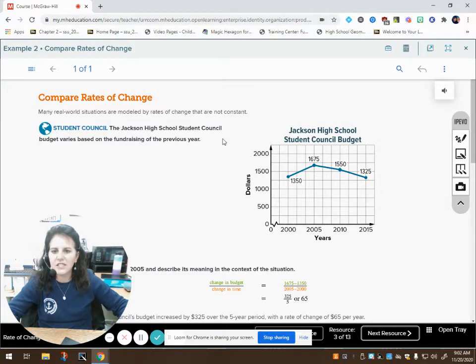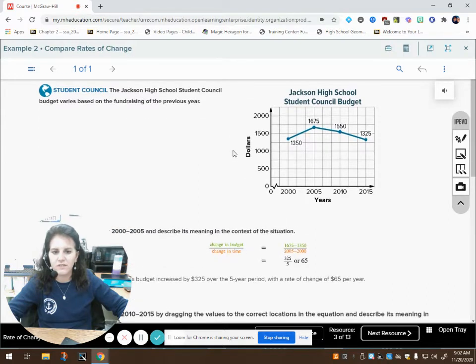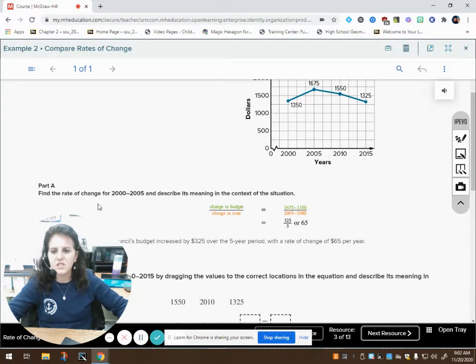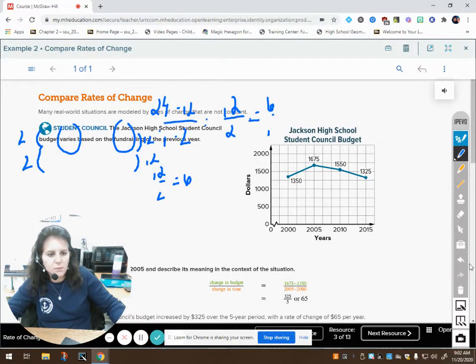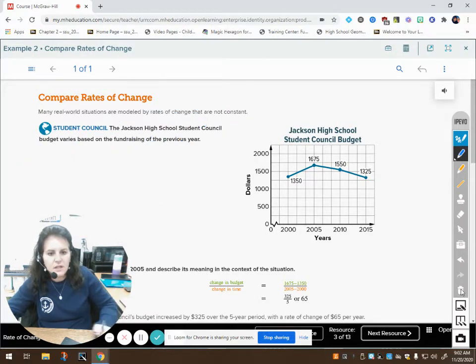All right, so compare rates of change looking at the student council. It says Jackson High School student council budget varies based on the fundraising of the previous year. So find the rate of change from 2000 to 2005. We're looking at this right here. We're looking from 2000 to 2005.